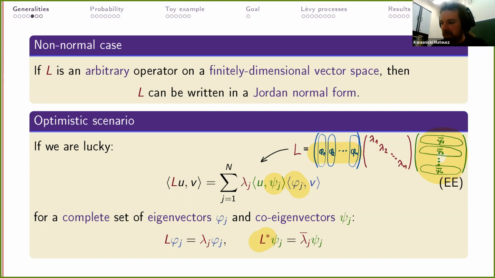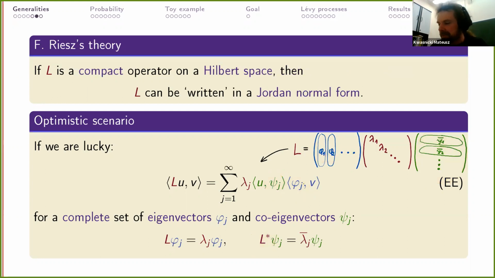Well, what happens with compact operators? Well, it's still okay, but not as good as in the self-adjoint case. This is the theory of compact operators on the Hilbert space due to Friedrichs, and we have some substitute for the Jordan normal form. It's not exactly the same, but it's close enough.